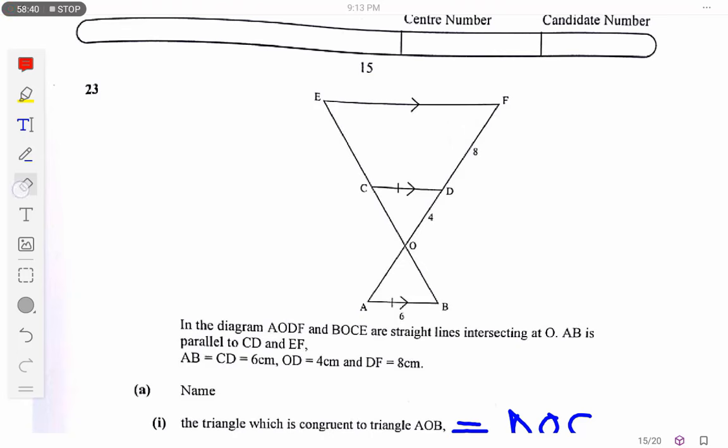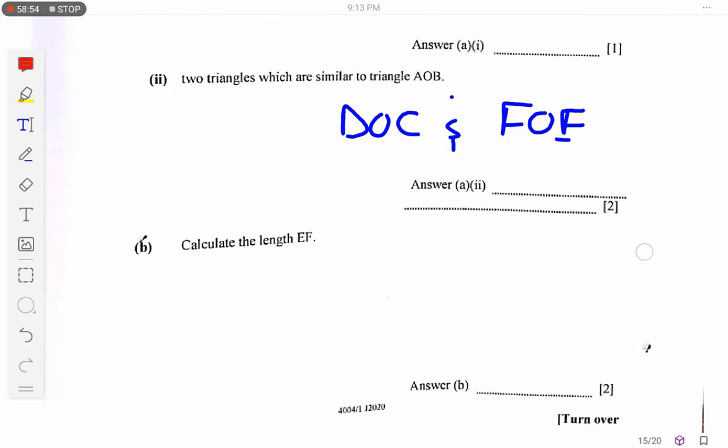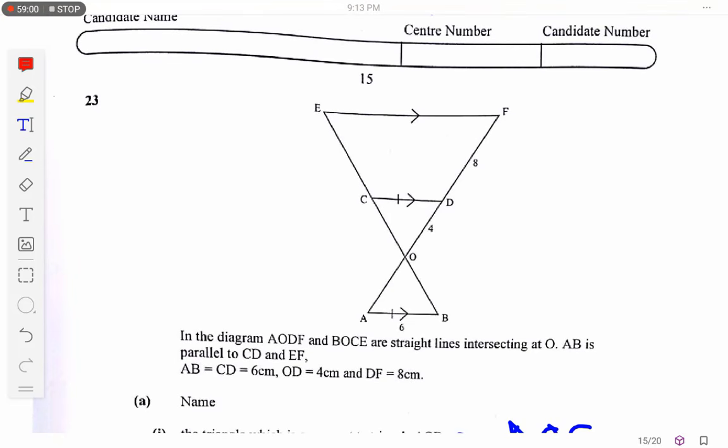Let's move on to the next question. So I have to write this answer here, DOC and FOE. Because the question is now saying calculate the length EF. So when we are talking of EF there, let's see our EF, this one.